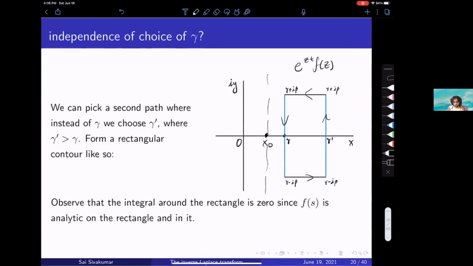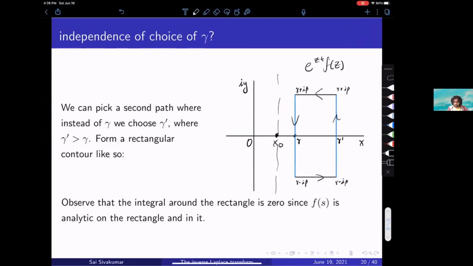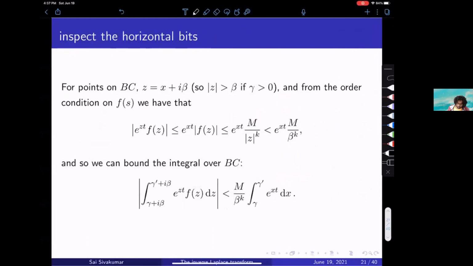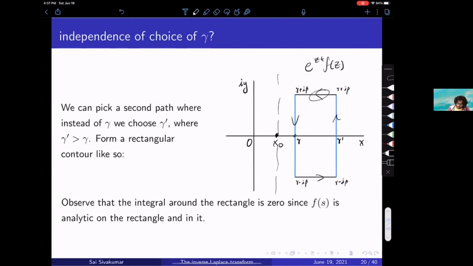So what we're going to do is, again, the same bounding argument. We're going to do a contour surgery. We're going to show that the integrals over the black parts, these horizontal bits, go away.